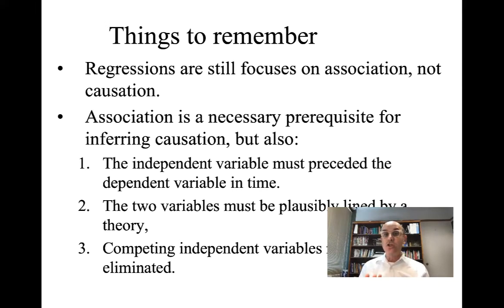Second, the association is a necessary prerequisite for causality, and so we are looking at the independent variable and the dependent variable at the same time. The two variables must be lined up by the theory, and the confounding independent variable must be eliminated.